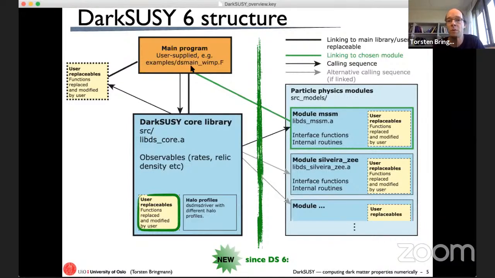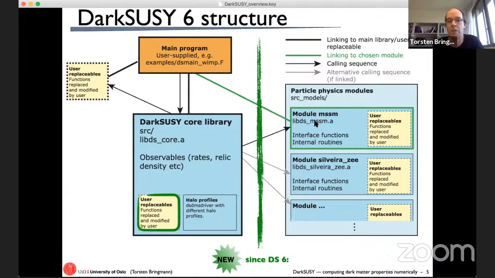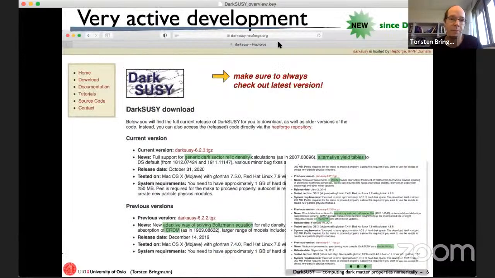And this main program that you use to calculate certain rates, for example, an indirect detection rate with gamma rays, links then to the core library, and it also links to one of these particle physics modules. So you basically choose which particle physics module you want to do your calculation with, and that is decided at the stage of building the main program when you link to one of these. And then there are also various other concepts that I will get back to later.